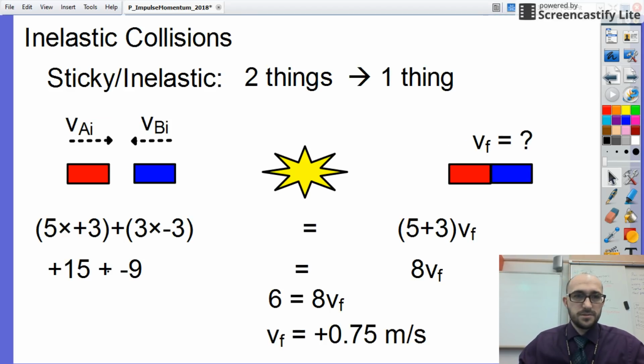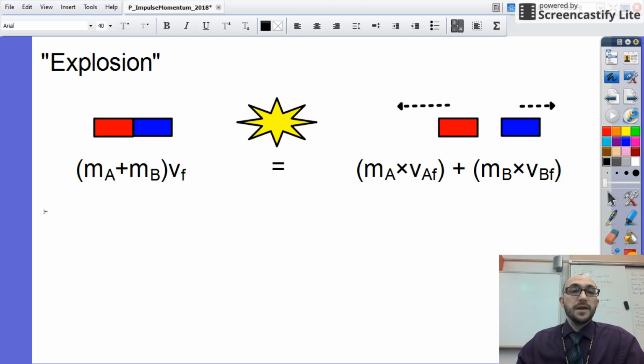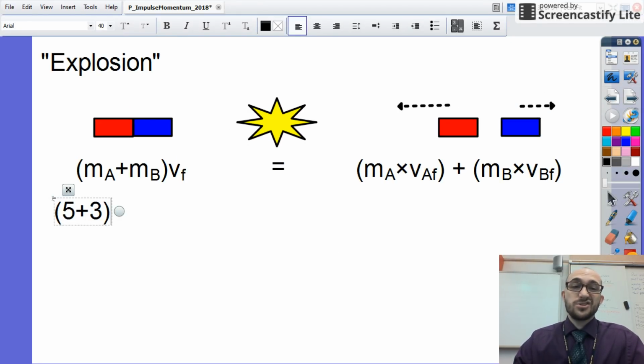So go ahead and look at this. See how pretty the picture is? And then I'm literally just going to flip it the other way. There we go. So in this problem, it would be more like, okay, well, if I got a 5 kilogram and a 3 kilogram object and they're stuck together and they're moving at a speed of 3 meters per second. Now let's make it even easier. Let's say they're not moving at all.